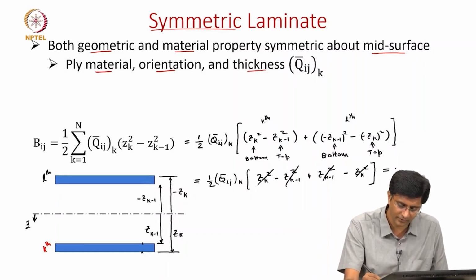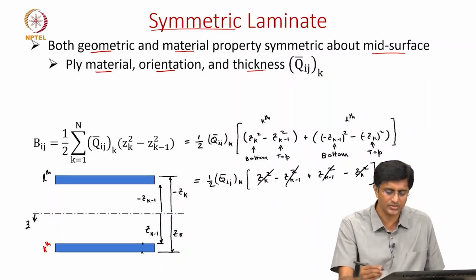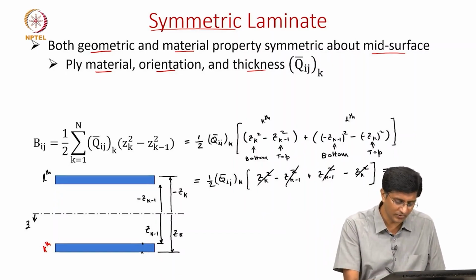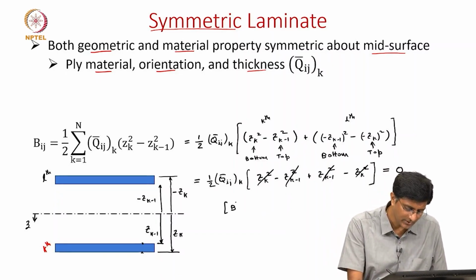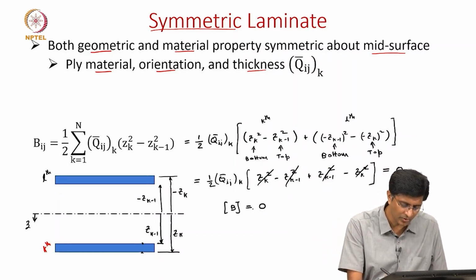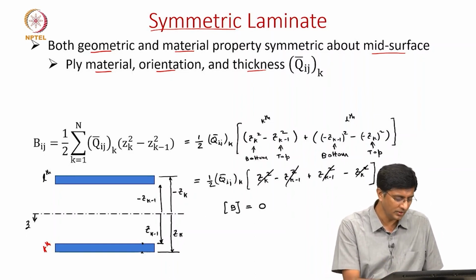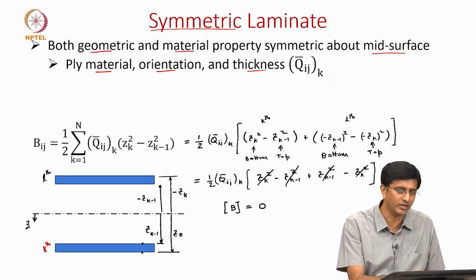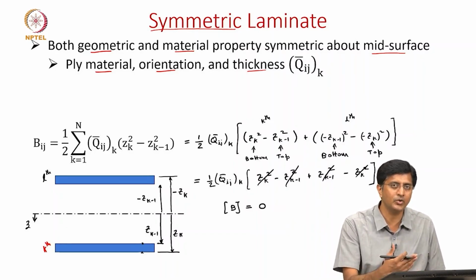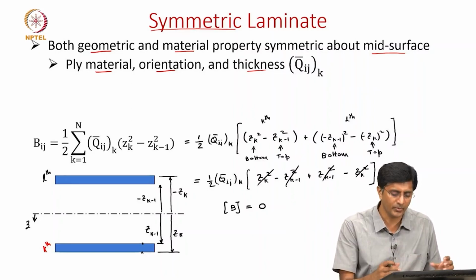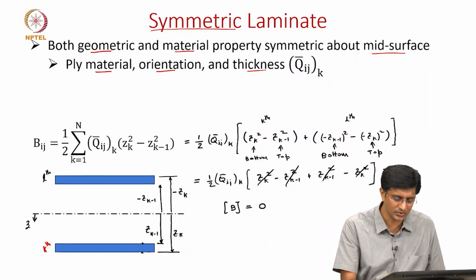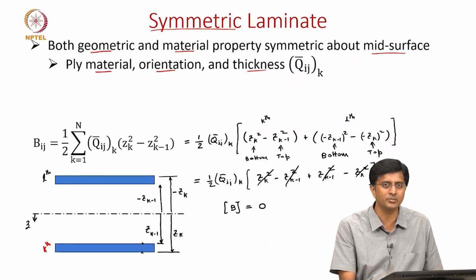So in effect what we found is this value is 0. So the Bij value or the B matrix goes to 0 for a symmetric laminate, and here we have shown why it goes to 0 for symmetry. Here we have only shown one pair of symmetric layers, but this can equally be applied to all other pairs. For all other pairs, these values cancel out each other, so the B matrix is 0. What does that mean? So there is no extension bending coupling.